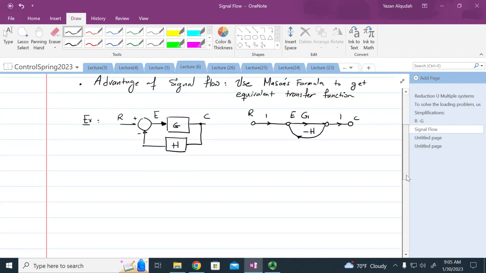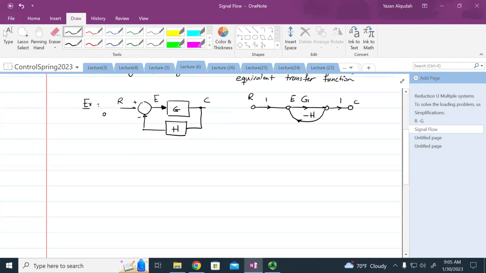Okay. Let's look at another example. So this is A, B. If I have an R and a block G1, a block G2, a block G3, and this is C, I can convert this to a signal flow as follows.